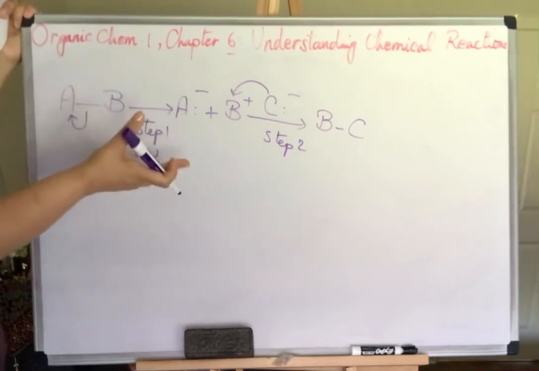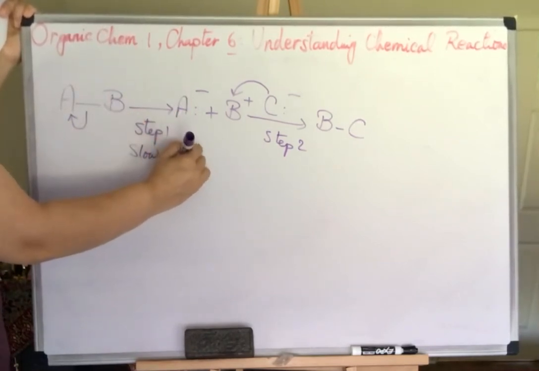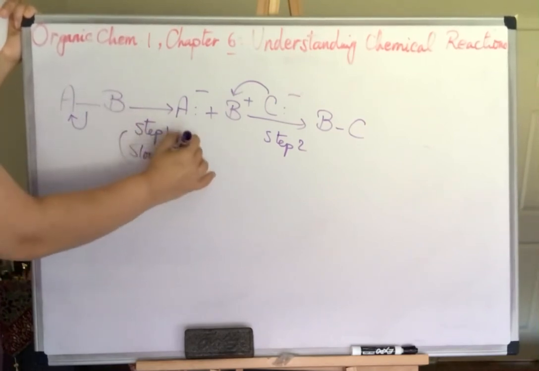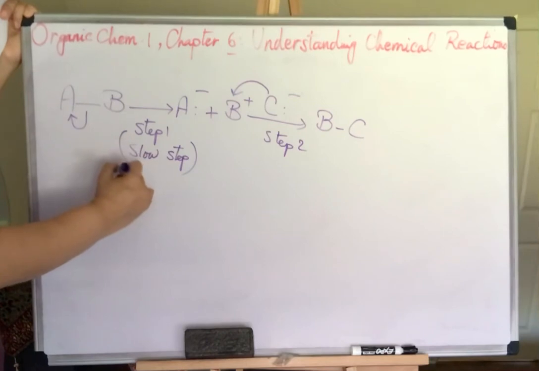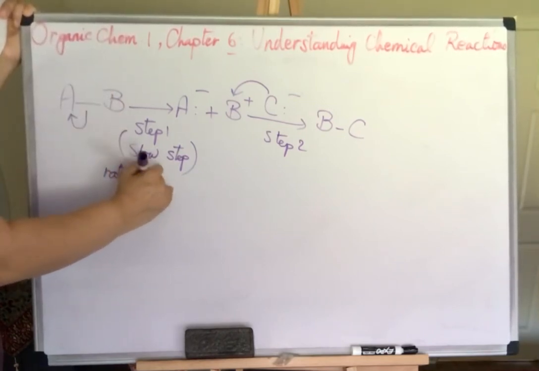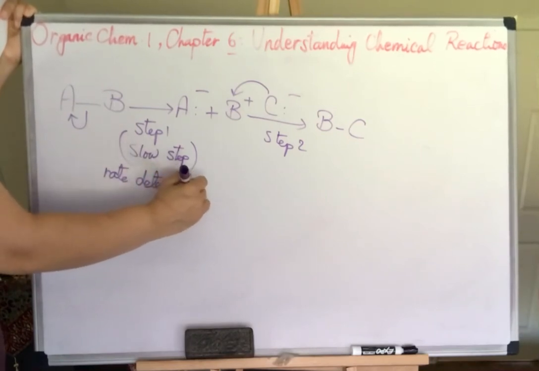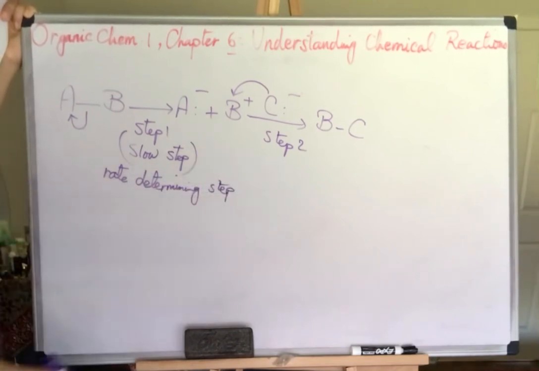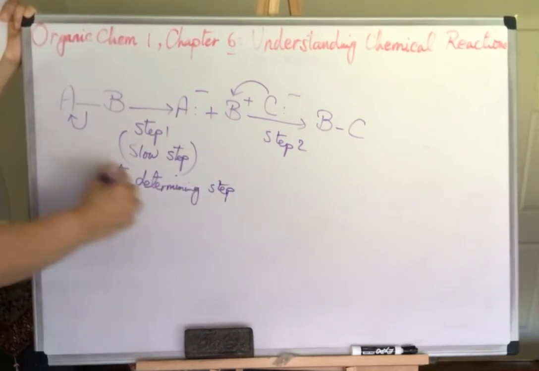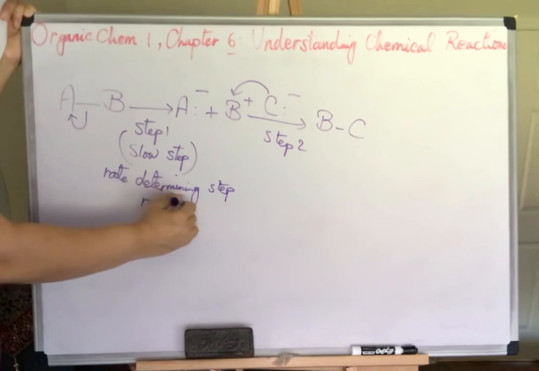We said the higher the activation energy, the slower the reaction, right? That's the slow step. The slow step, from general chemistry 2, is called the rate determining step, and it makes sense, the slowest will determine the speed of the reaction, or we just call it RDS.